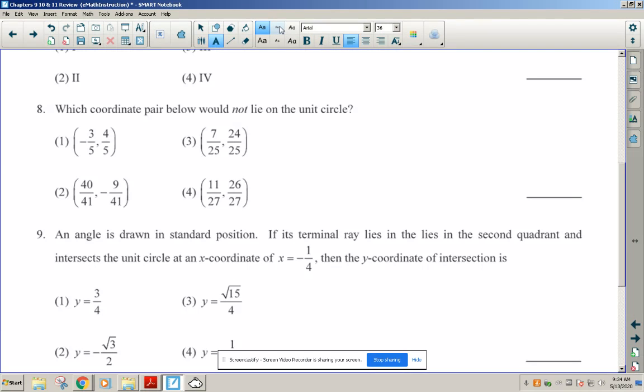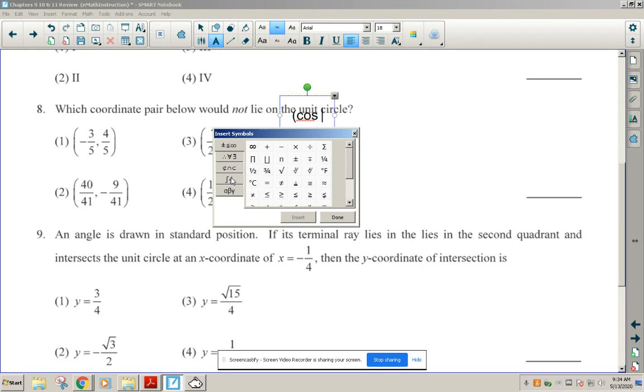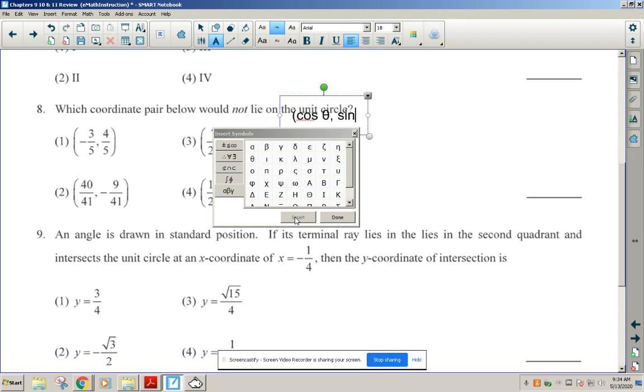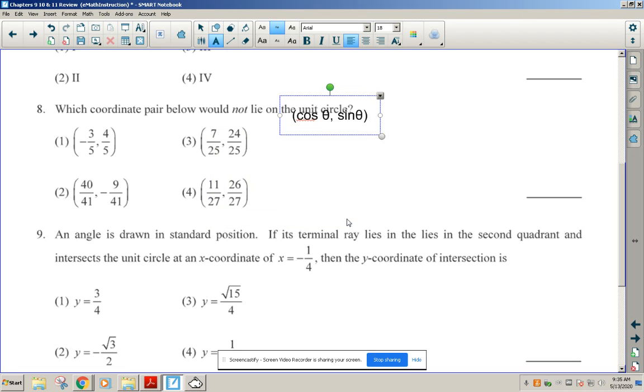If you're on the unit circle, every point would be cosine of theta, sine of theta. So for my angle, here's theta, cosine theta for x, and sine theta for y. And that's never going to change.